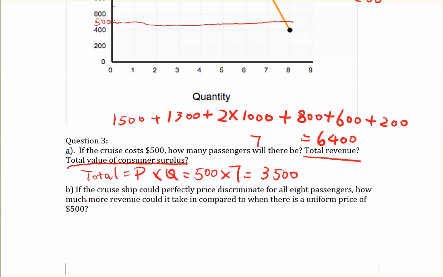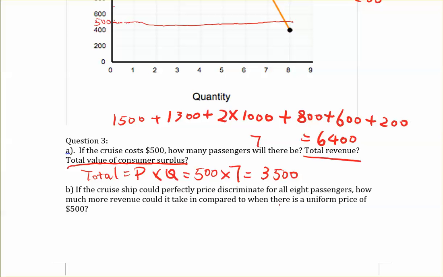Now question B asks, if the cruise ship could perfectly price discriminate for all 8 passengers, how much more revenue could it take compared to when there is a uniform price of $500?